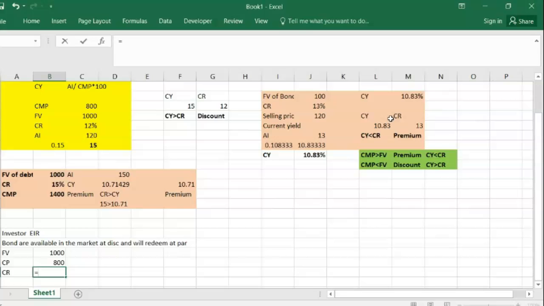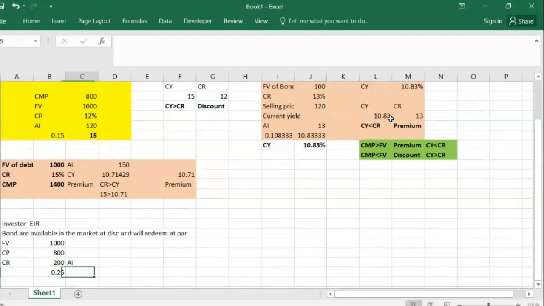The face value 1000 minus 800, the issue price, gives the annual interest, calculated from the price at which the instrument is issued. So the rate of return given in the particular instrument is 25%. It is 25% coupon rate.